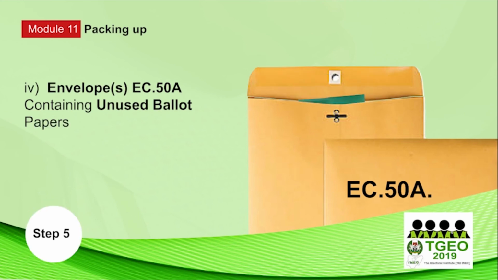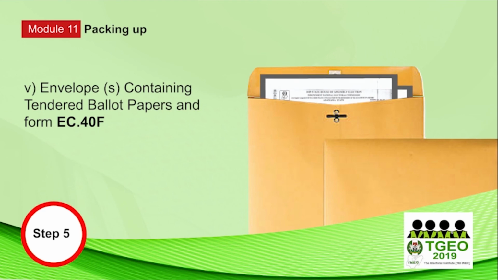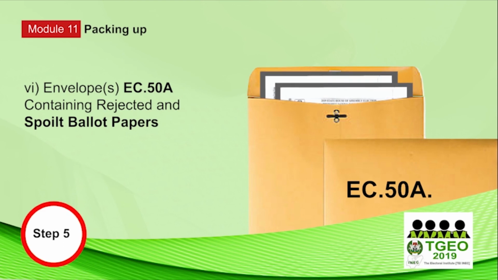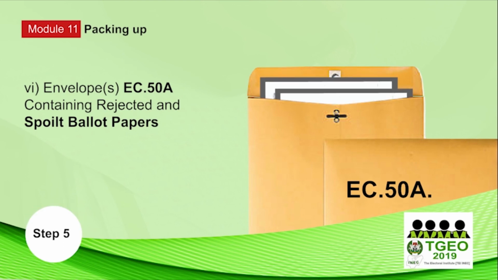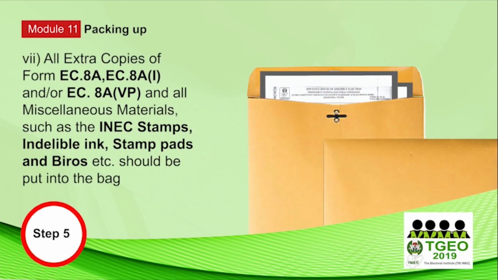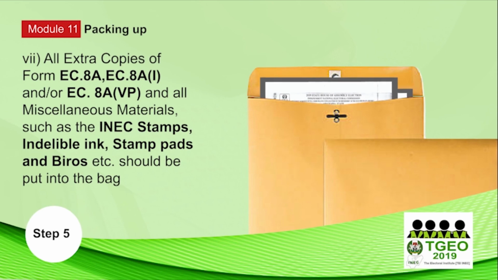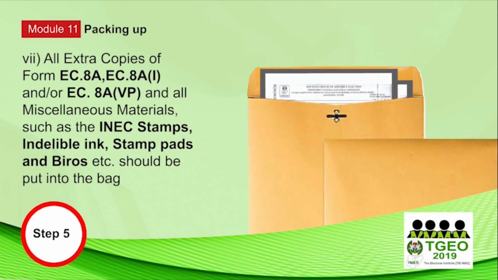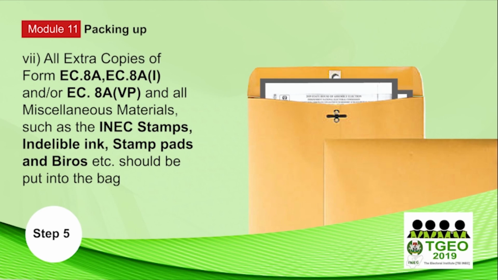4. Envelopes EC50A containing unused ballot papers. 5. Envelopes containing tendered ballot papers and Form EC40F. 6. Envelopes EC50A containing rejected and spoiled ballot papers. 7. All extra copies of Form EC8A, EC8A1 and or EC8A VP and all miscellaneous materials such as the INEC stamps, indelible ink, stamp pads and barrel.